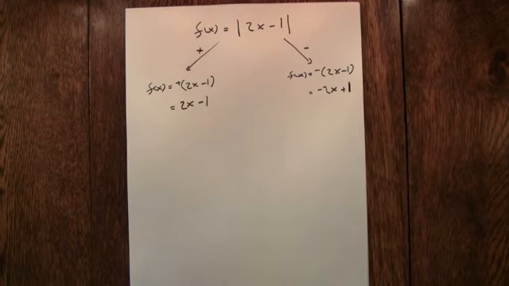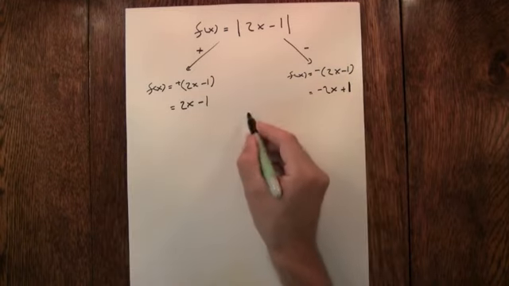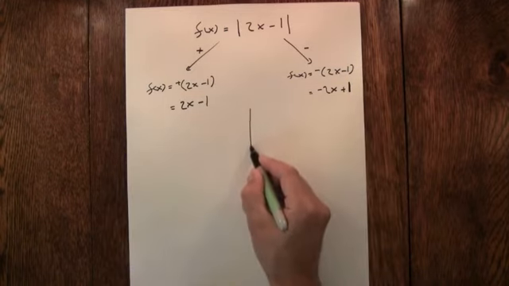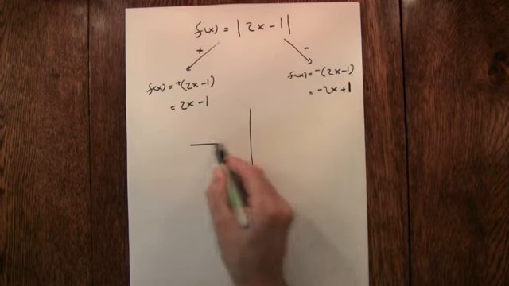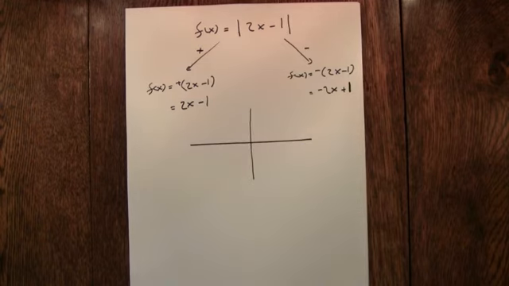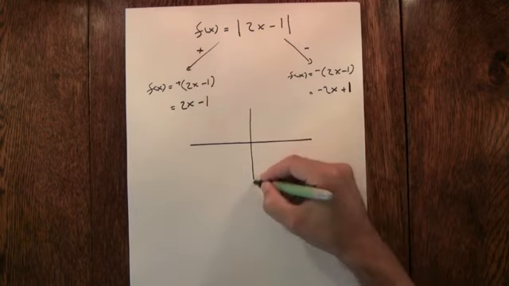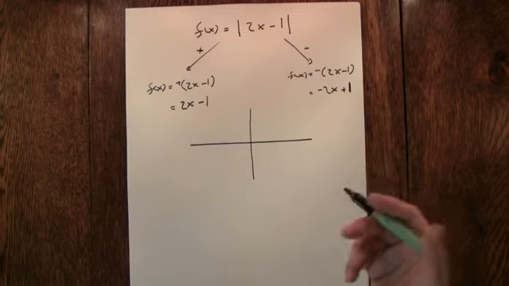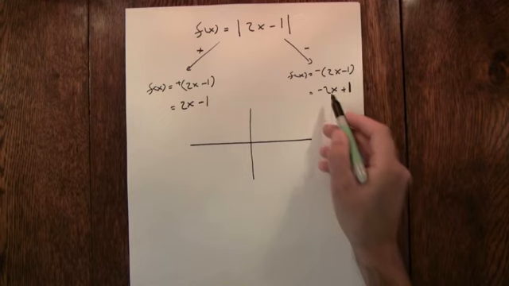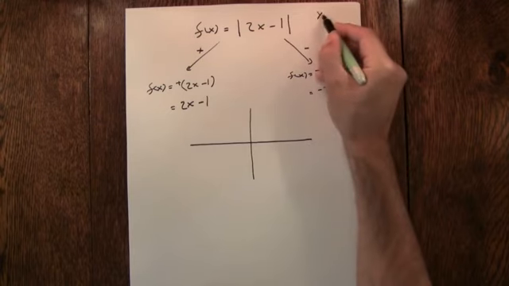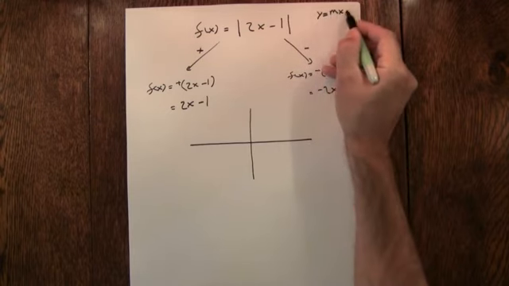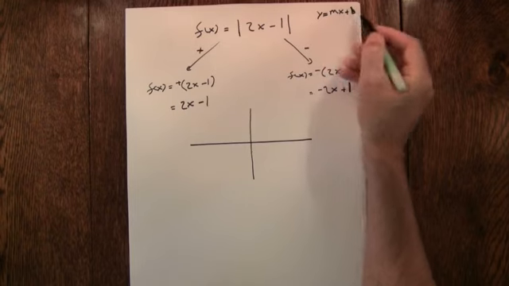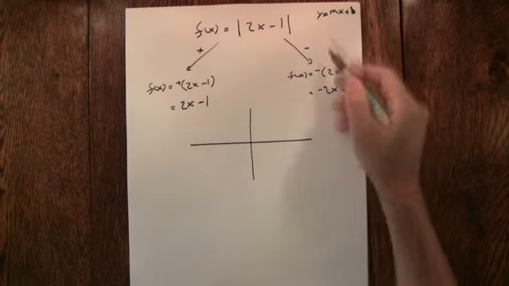So what we're going to do is graph this function. We're going to draw our coordinate system here, and I think we talked about graphing lines in series 1. The way you graph lines is with the concept of y equals mx plus b, where b is your y-intercept and m is your slope.